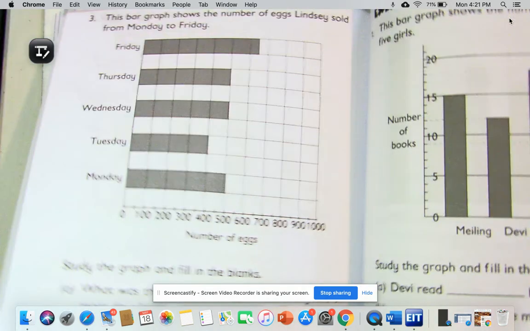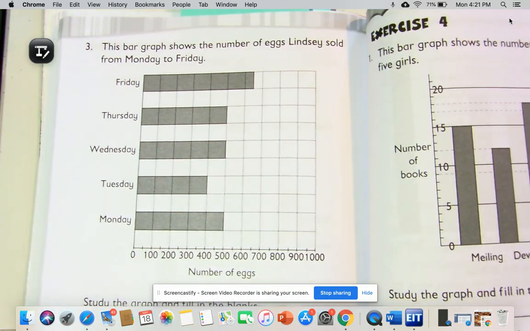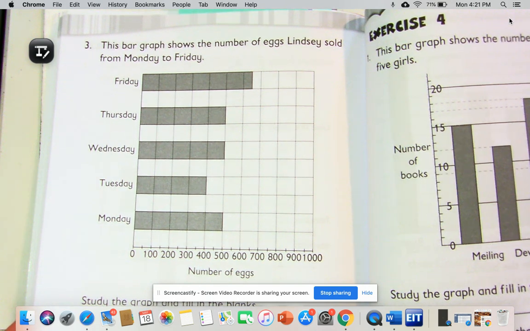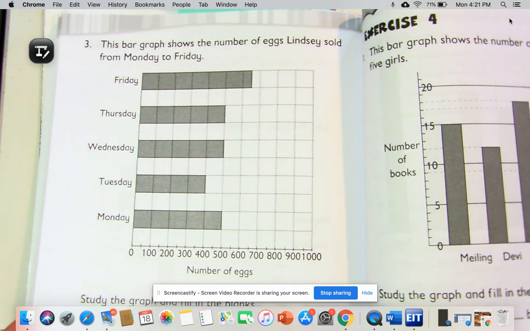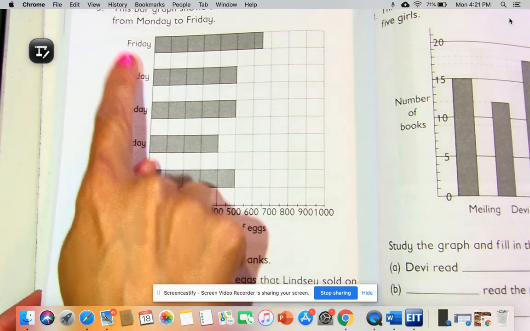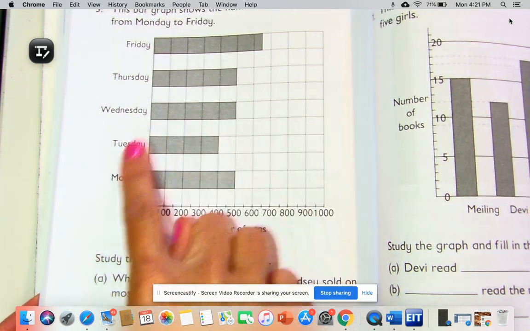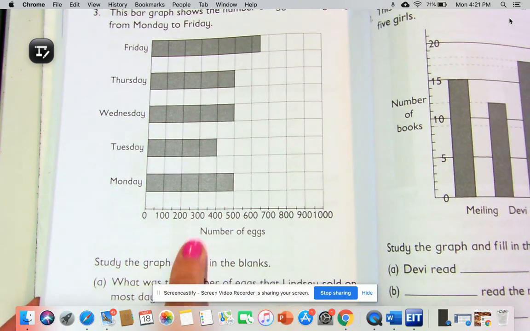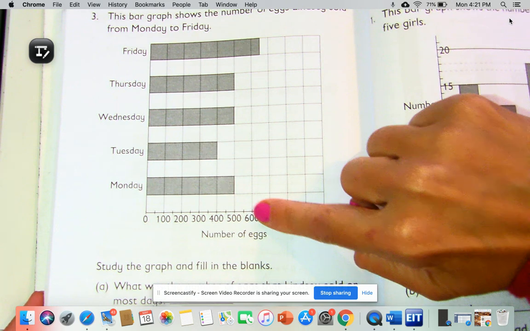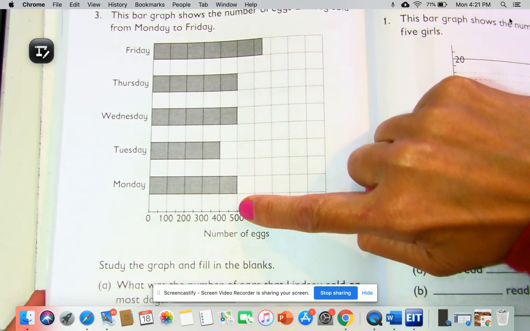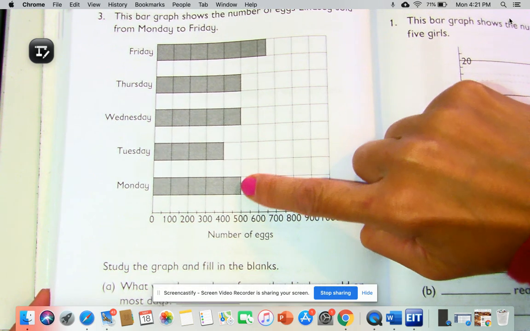And then on the last page, 158, we have a bar graph that shows the number of eggs Lindsay sold from Monday to Friday. All right, so she sold some eggs Monday, Tuesday, Wednesday, Thursday, and Friday. So this is that horizontal bar graph as opposed to the vertical one. And down here at the bottom, it shows the number of eggs. And I can see that on Monday, she sold 500 eggs. Good work, Lindsay.